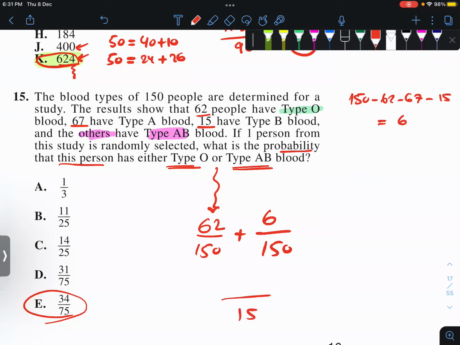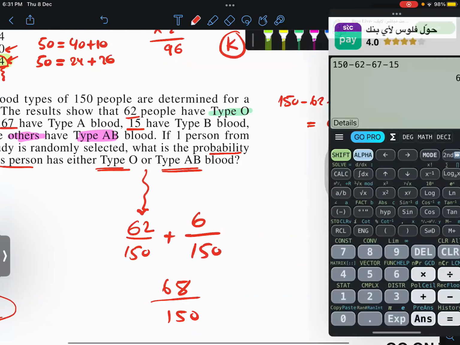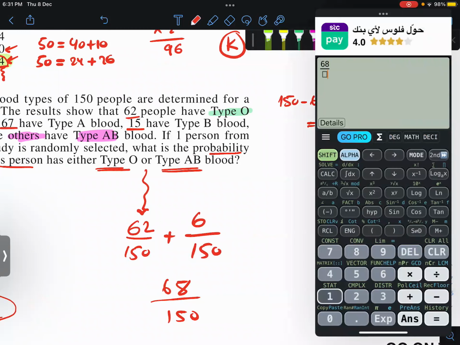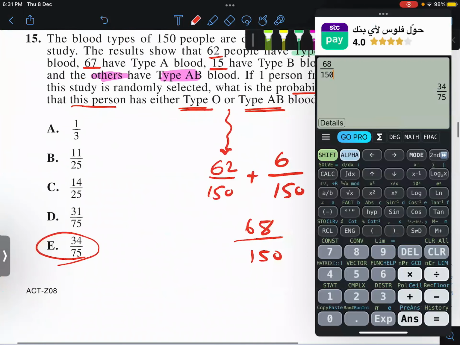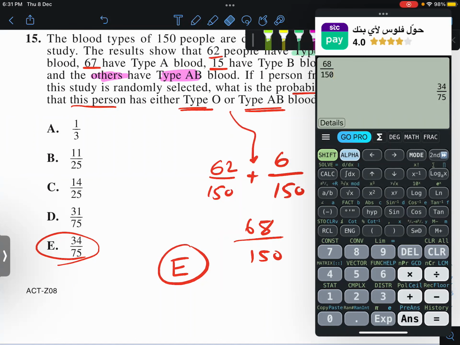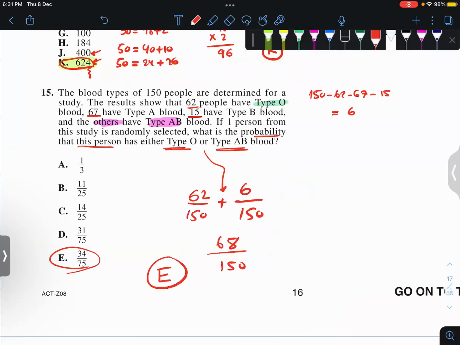When we add up, it's 68 over 150. When you simplify this, 68 over 150 is 34 over 75, which is E. Very good. Because of OR, we added the probability of each one separately.